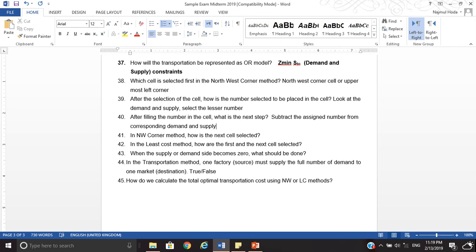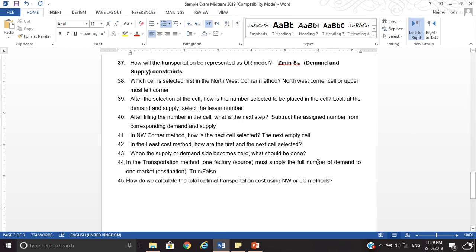One will become 0, the other will give some value, and you write it there. In the northwest corner method, how is the next cell selected? It is the next empty cell. It may be down, it may be right. There are only two choices: either you go down or you go right.